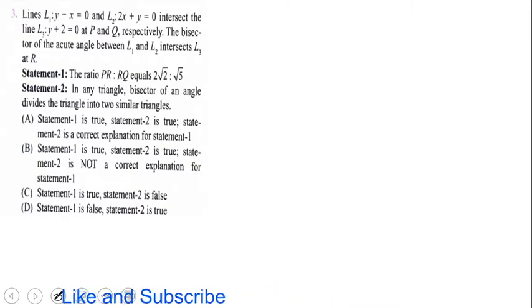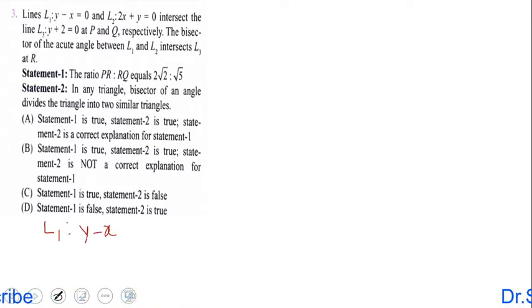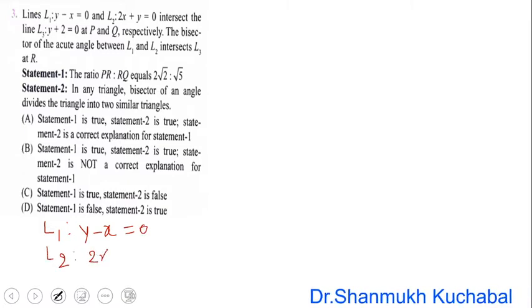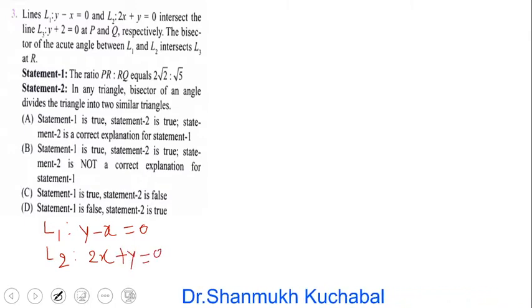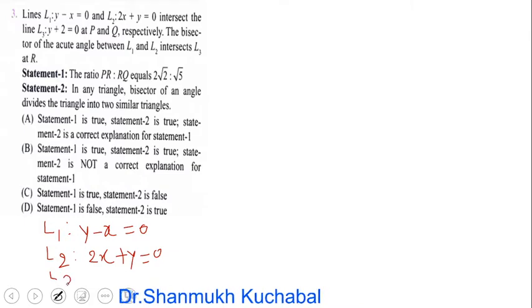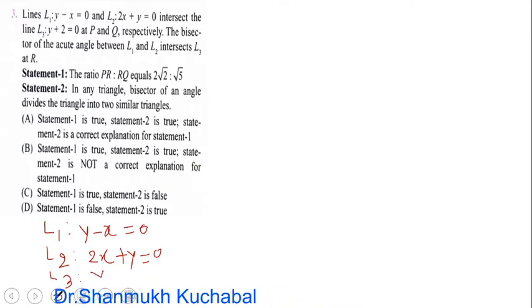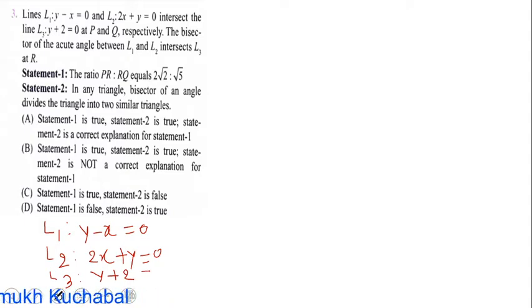The given things we will write first. The first line L1 is y minus x equal to 0. The second line L2 is 2x plus y equal to 0, and the third line L3 is y plus 2 equal to 0.